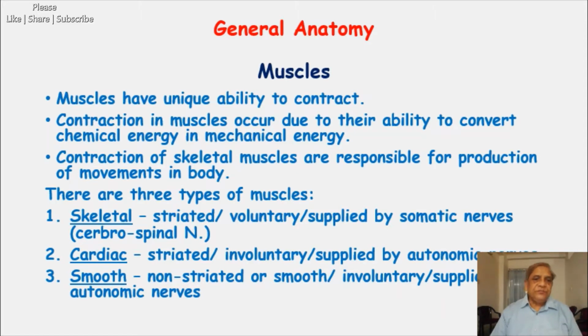Now there are three types of the muscles. You must already be knowing that our body consists of three types of muscle, out of which skeletal muscles are most abundant. And the other two muscles are the cardiac and the smooth muscle. The skeletal muscles are also known as the striated muscle.